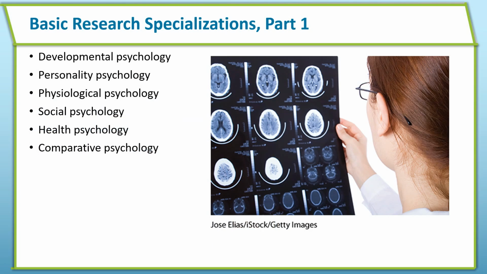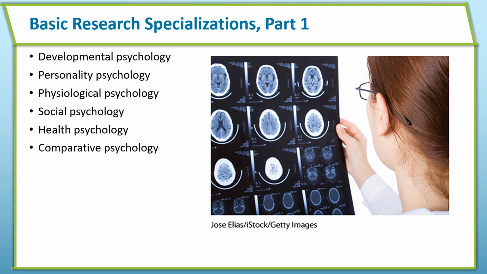Here are other basic research specializations, which is developmental psychology. I'm teaching developmental psychology this semester. I mean, every semester I'm teaching developmental psychology. That's the division of psychology. Personality psychology: humorous, lazy, calm, shy.